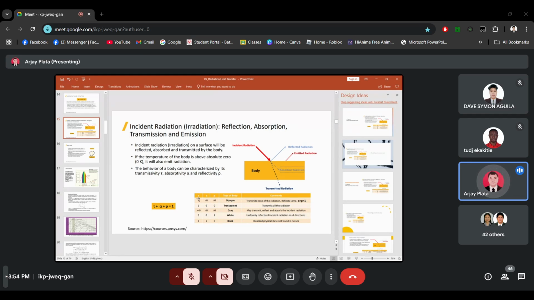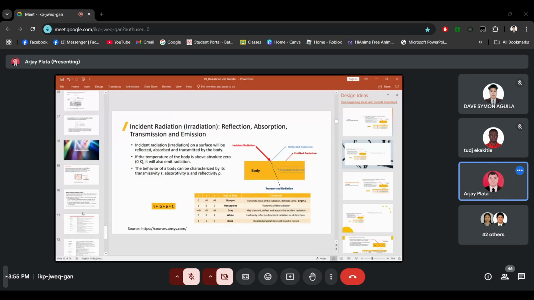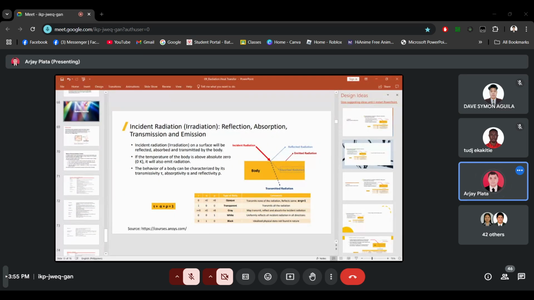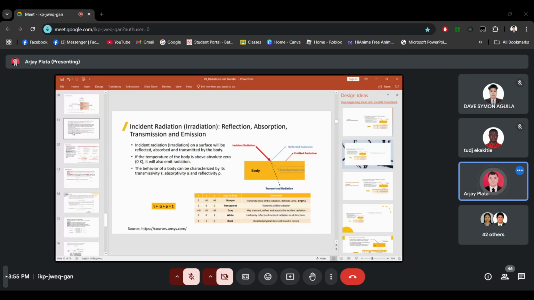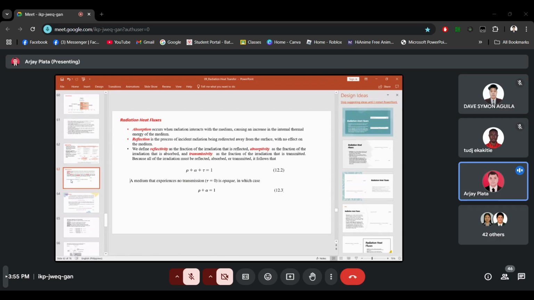So it transmits none but reflects some, when opaque.